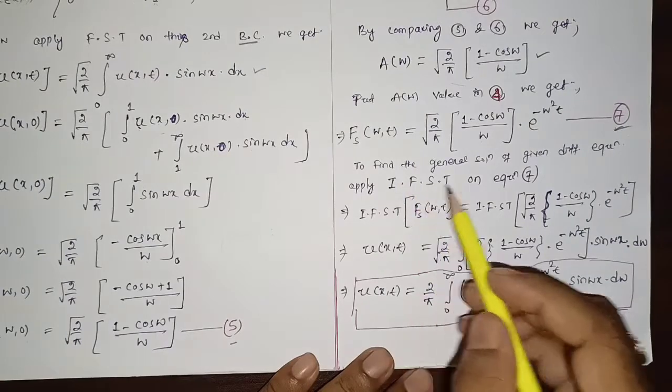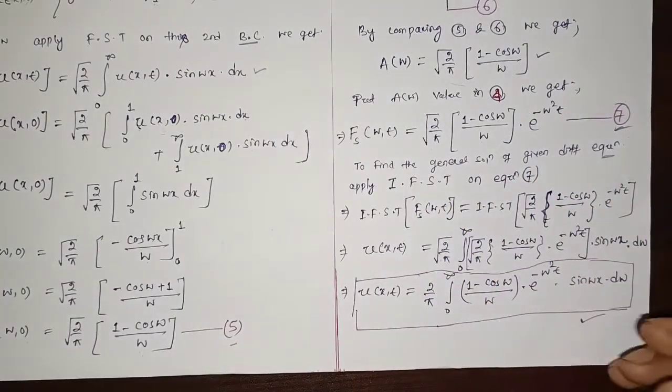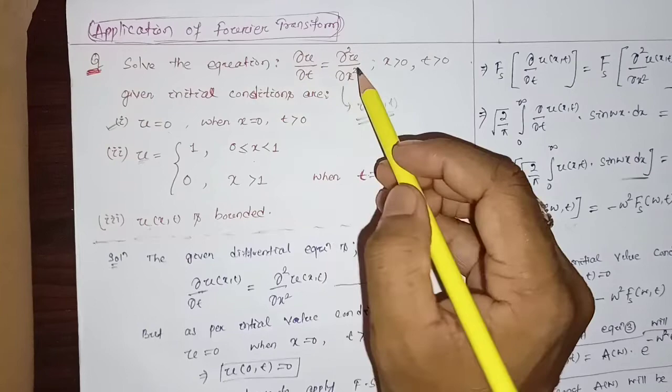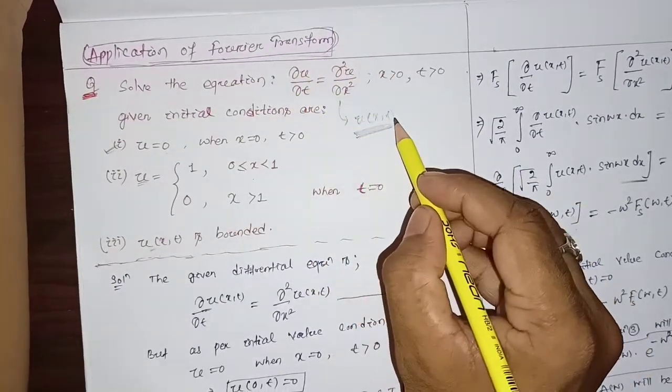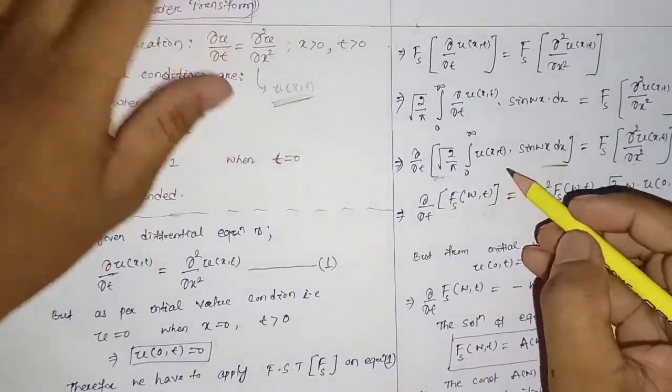Now, our objective is to find the general solution of the given differential equation. This general solution is small u, a function of x and t. How are we going to find it? Carefully watch here.